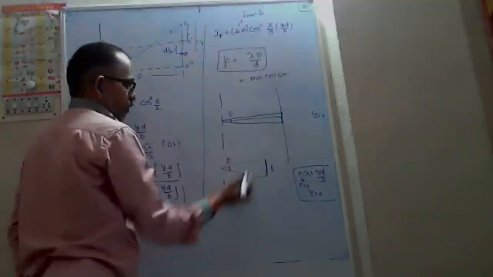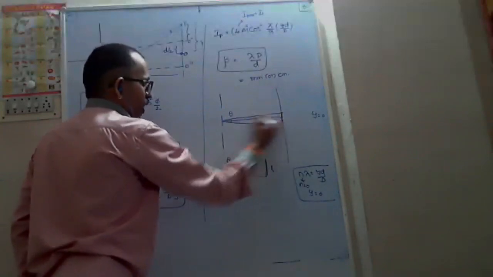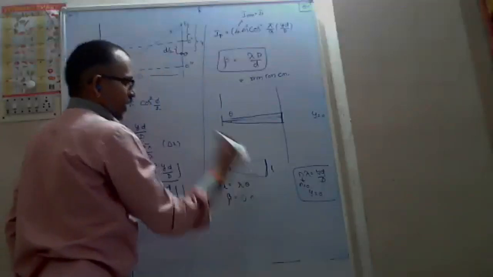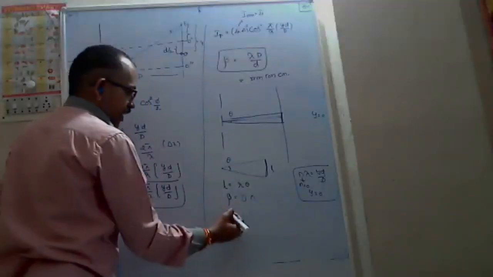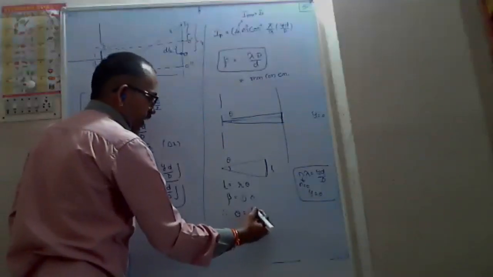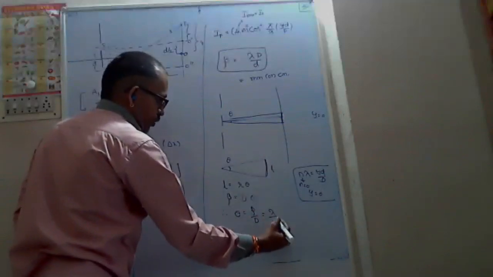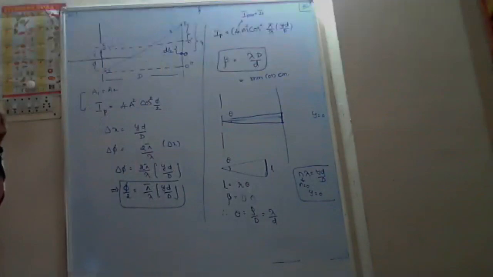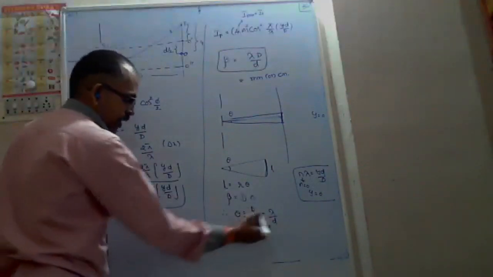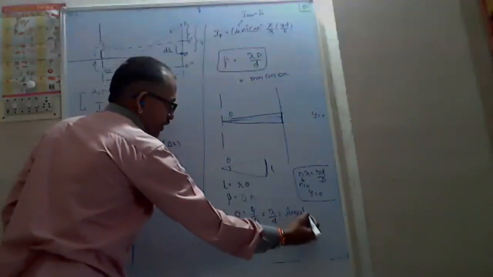Beta equals lambda D by d, and L equals R theta, where R is capital D, so beta equals D into theta. Therefore theta equals beta by D, which is lambda by small d. Beta by D equals lambda by small d. This is named the angular fringe width.